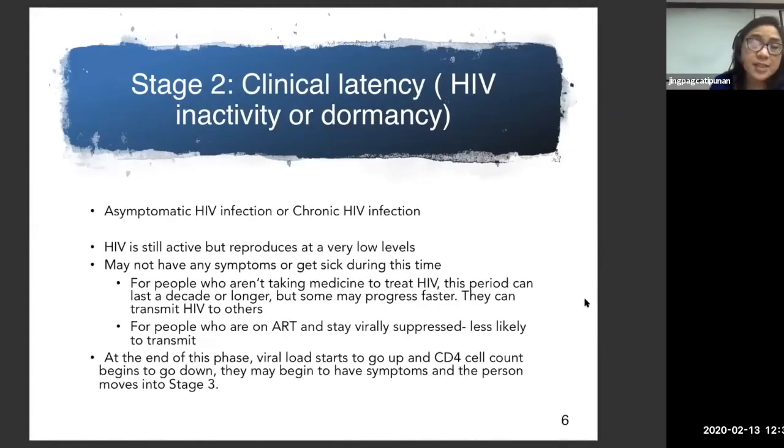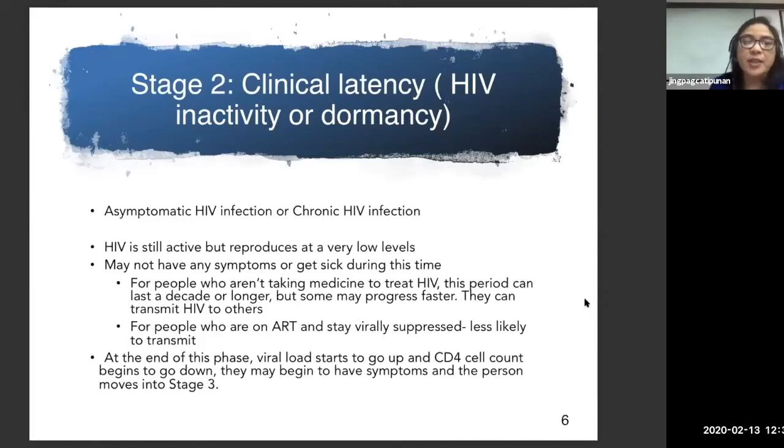So they are asymptomatic at this point, but the virus is still active and reproduces, but at very low levels. So sometimes they may not be sick during this time, or they may not have symptoms. And that's why they don't have themselves tested, or they may not be taking their drugs.